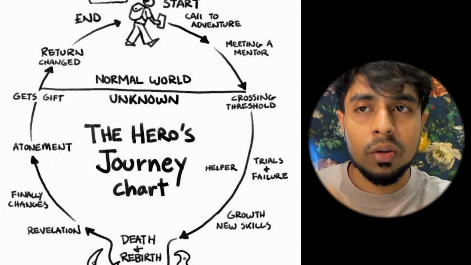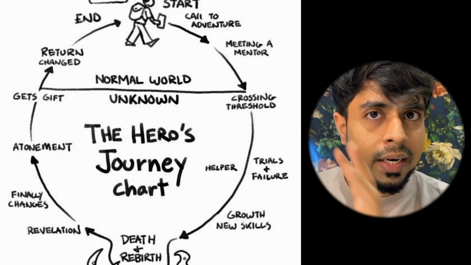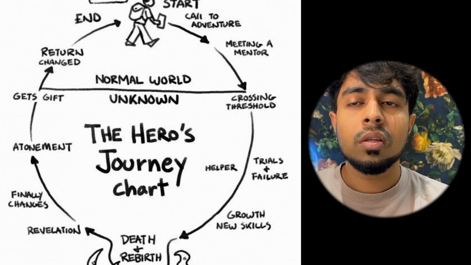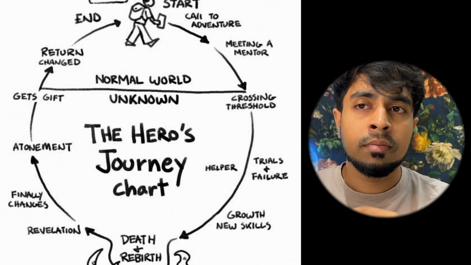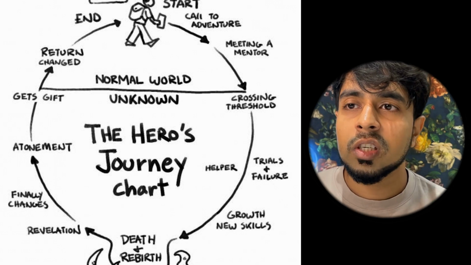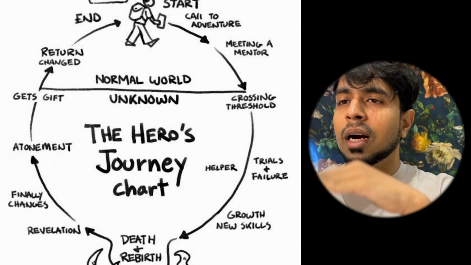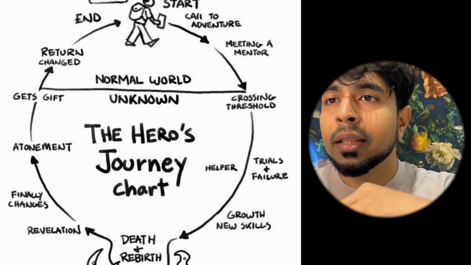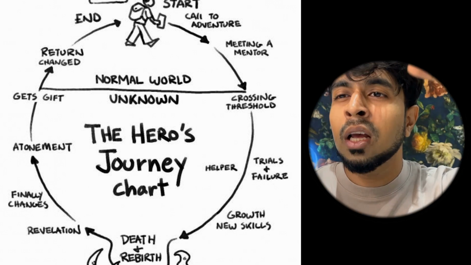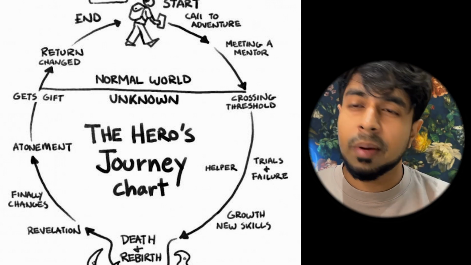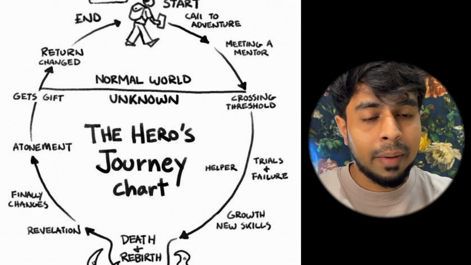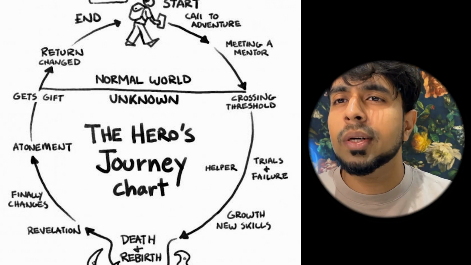And the same story, we saw it in the sequence of a circle. You could also interpret it in a story path sort of visualization. The guy starts at a normal thing, then a call to adventure, something exciting, but then they refuse that call because of some other things. But then the mentor comes, he says, no, you can do it.